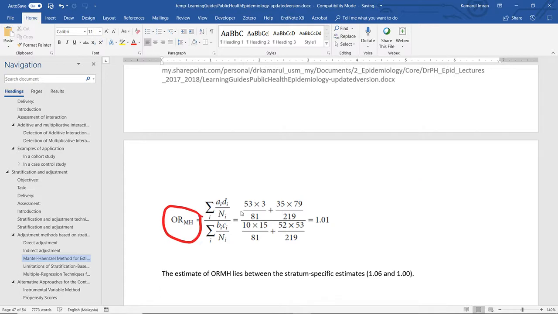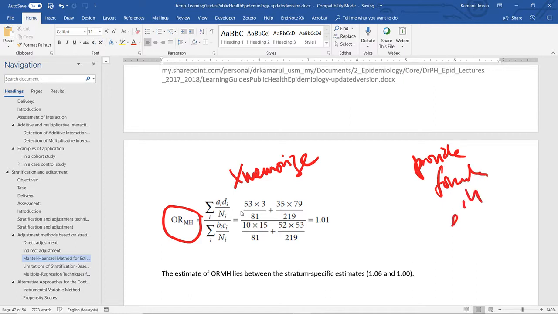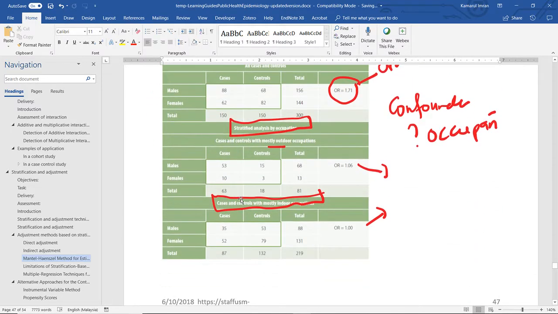So this is the formula. You don't have to memorize it; we will provide the formula in the exam. In this case, the Mantel-Haenszel odds ratio lies between the stratum-specific estimates.